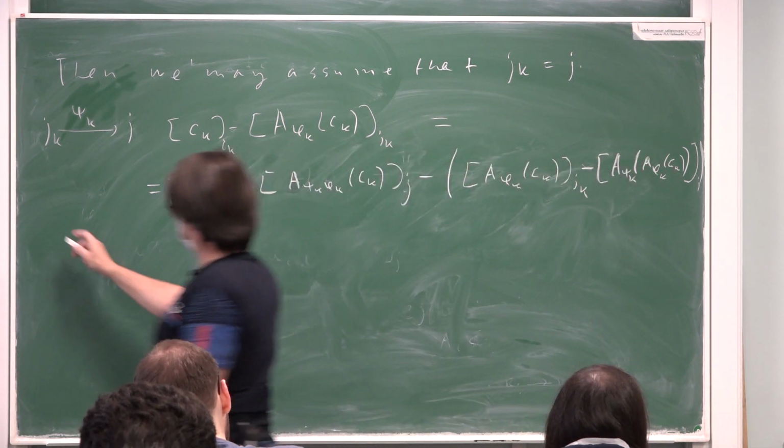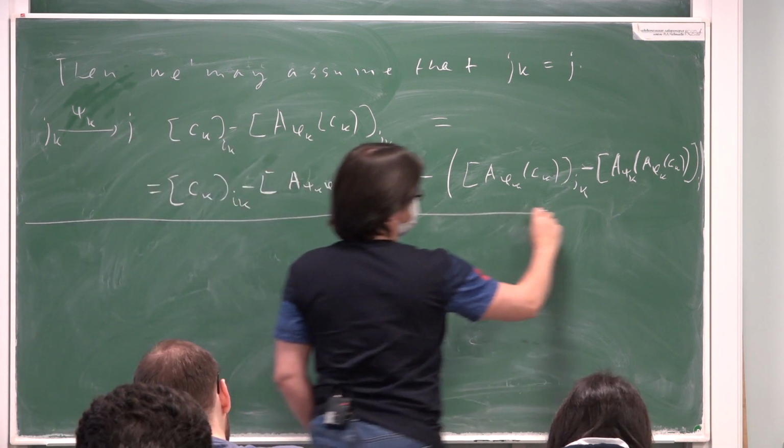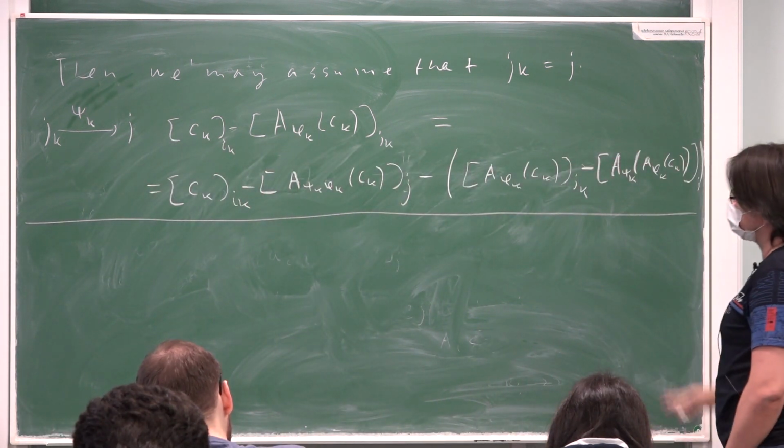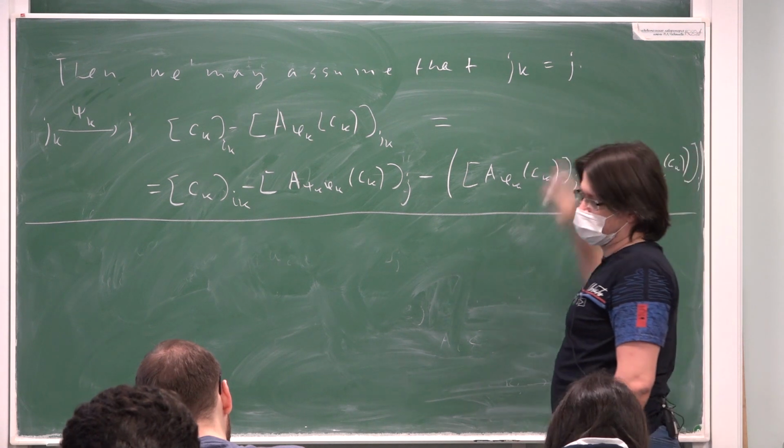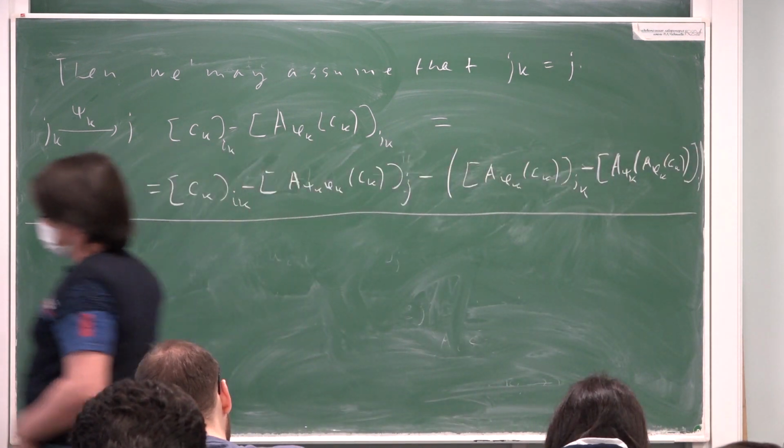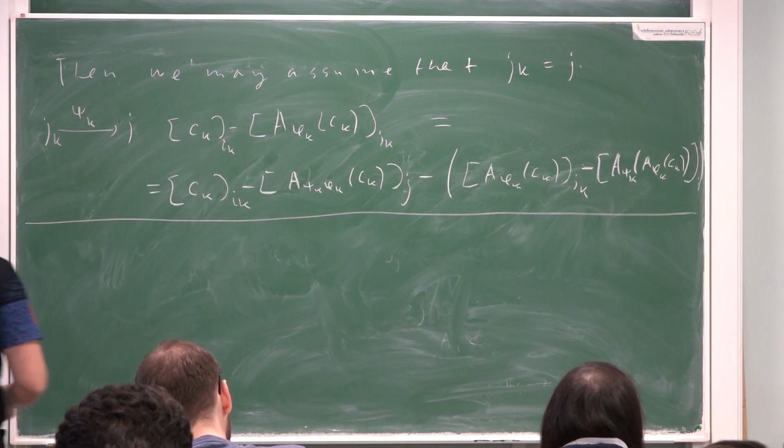So when we replace everything, we may assume that initially j_k is equal to j. So what do we have?